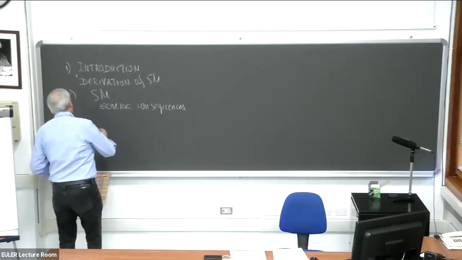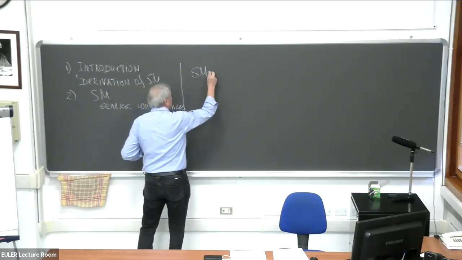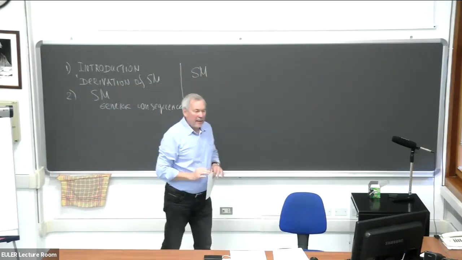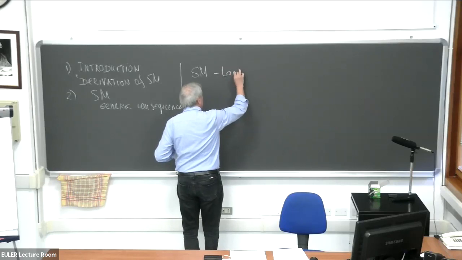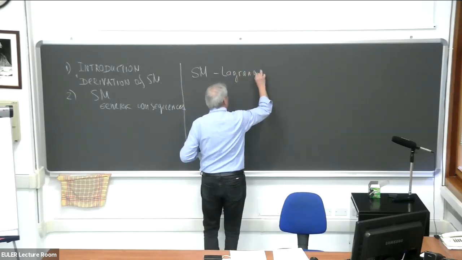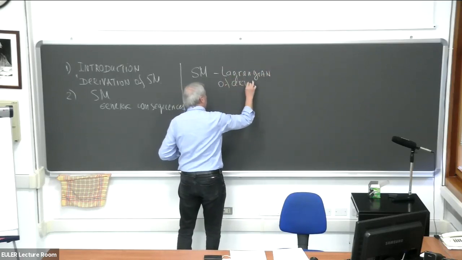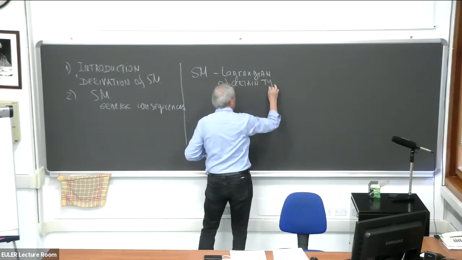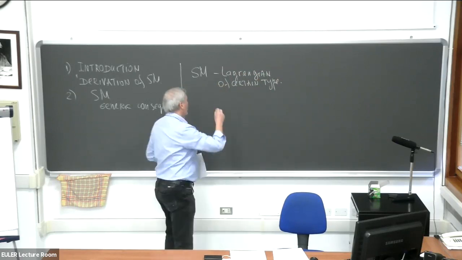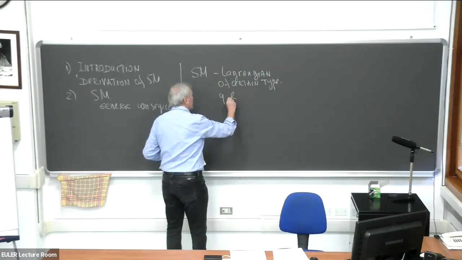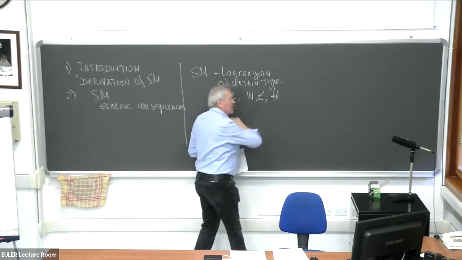So what is the standard model? The standard model is a Lagrangian of a certain type, written in terms of the fields of quarks, leptons, gauge bosons, and the Higgs boson.